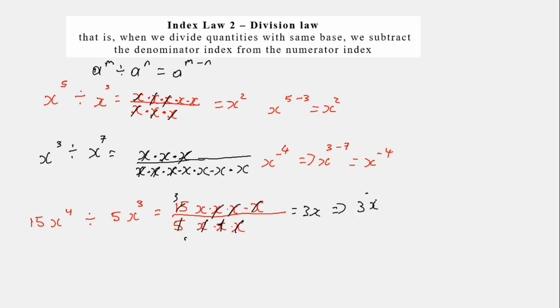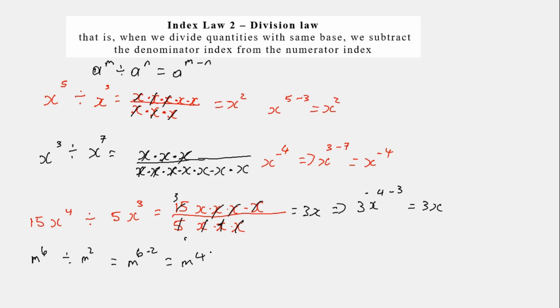We have another example: m to the 6 divided by m to the 2. That is m to the 6 minus 2, which equals m to the 4.